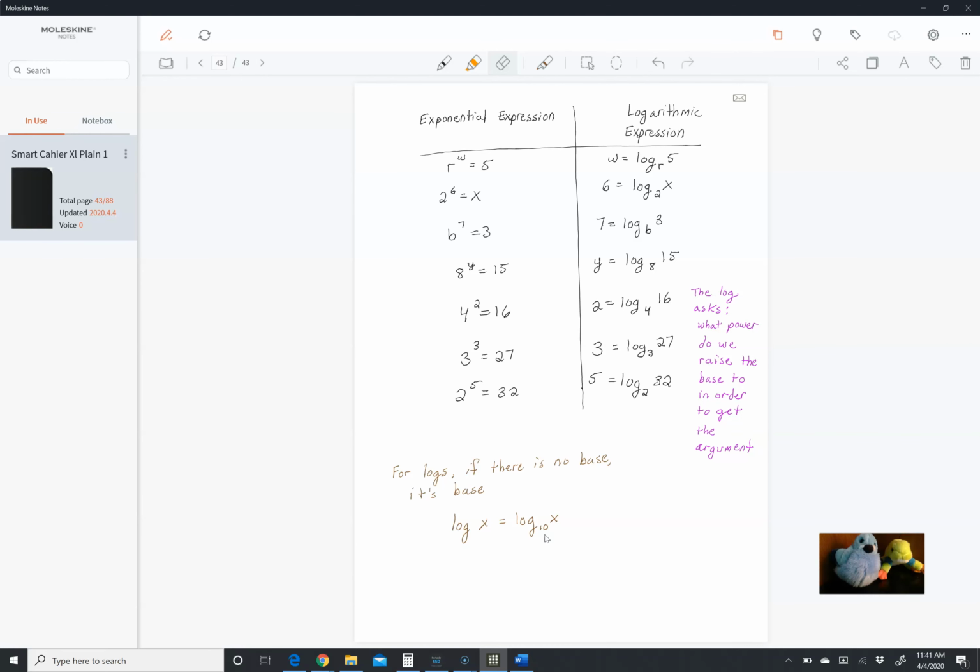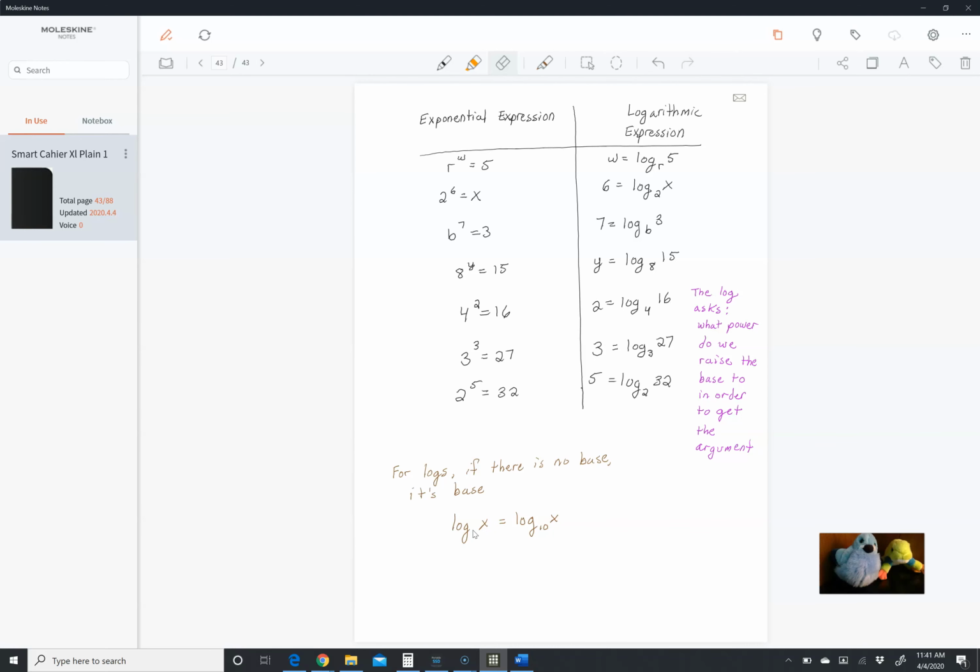You have your meters, your kilometers, your centimeters, your nanometers, your millimeters. Everything is based on powers of 10. So base 10 is what we work in, and it's used most commonly, which is why if there is no base, it's base 10.